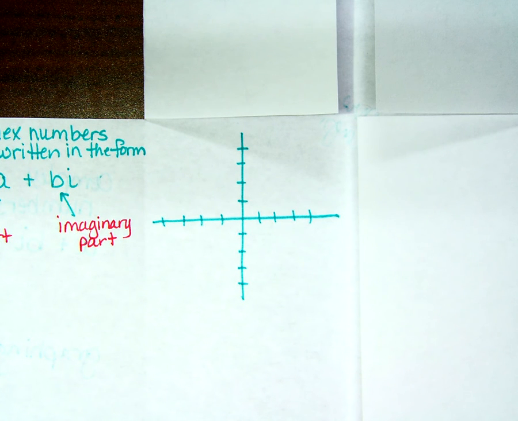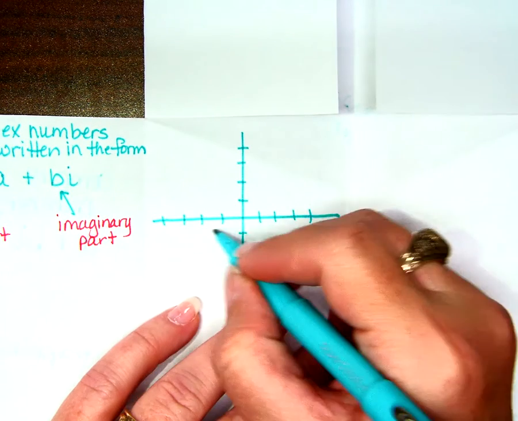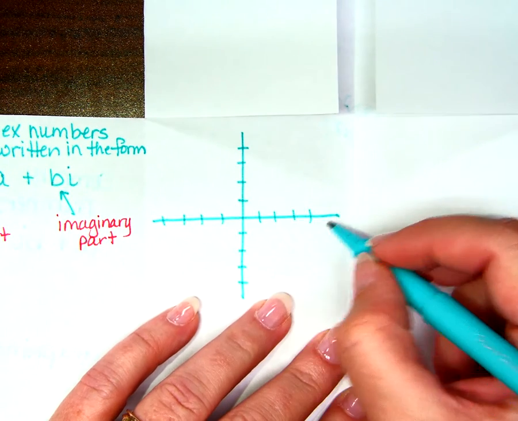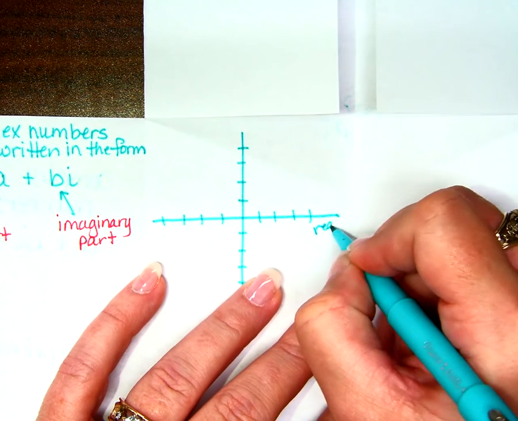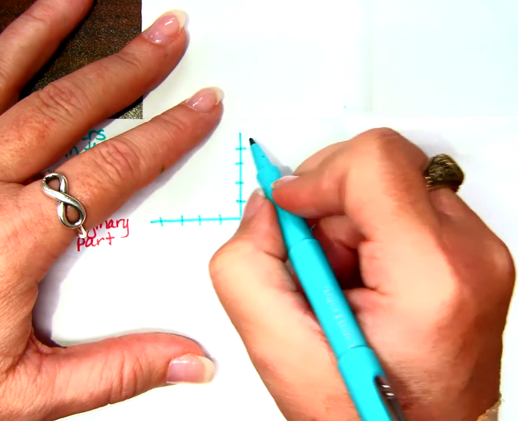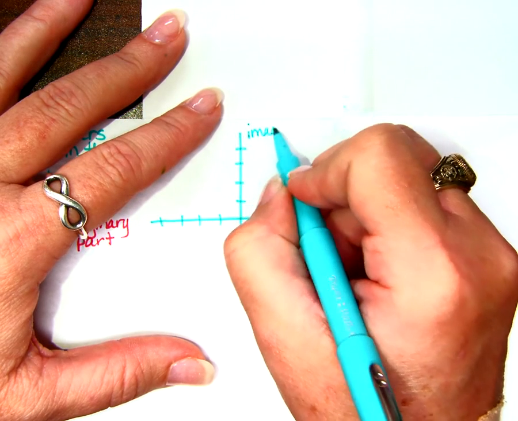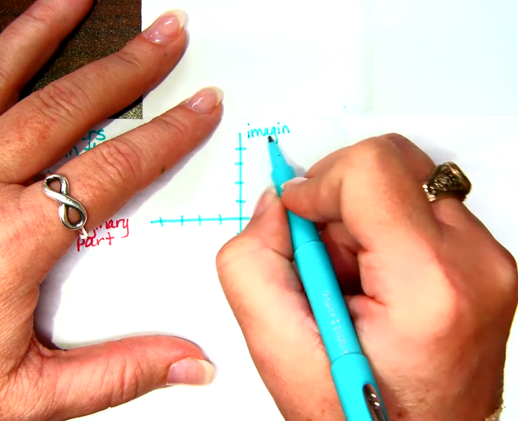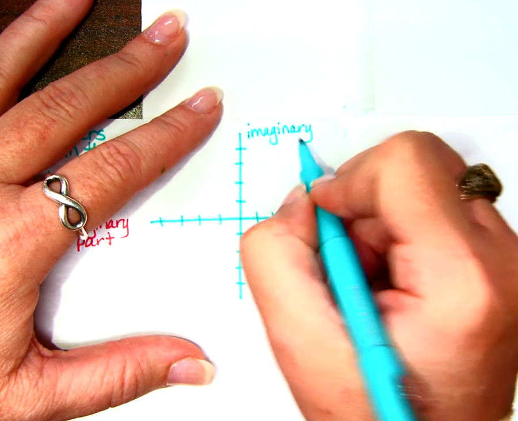We cannot graph a complex number on a typical coordinate plane axis. We have to graph it on a complex axis, where this axis that runs horizontally is actually the real axis, and this axis that runs vertically is actually the imaginary axis.